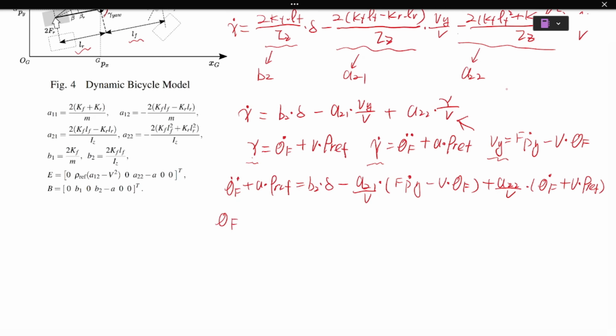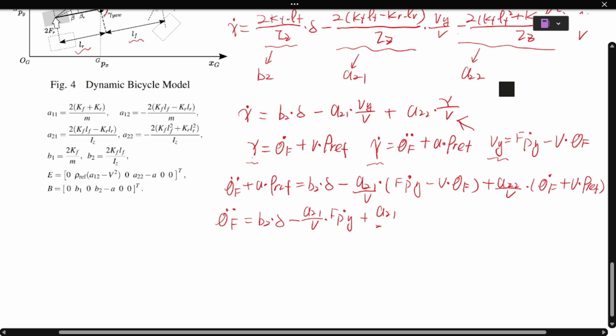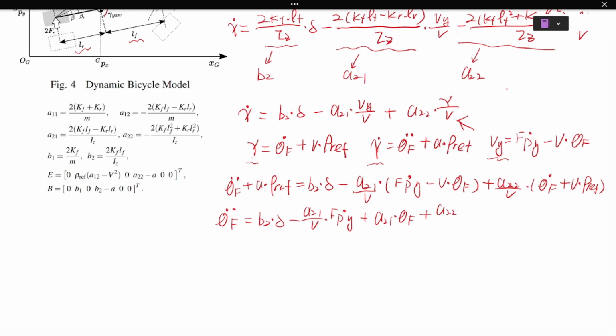So theta f double dot equals B2 times delta minus A21 over V times fpy dot plus A21 times theta f plus A22 over V times theta f dot plus A22 times rho REF.